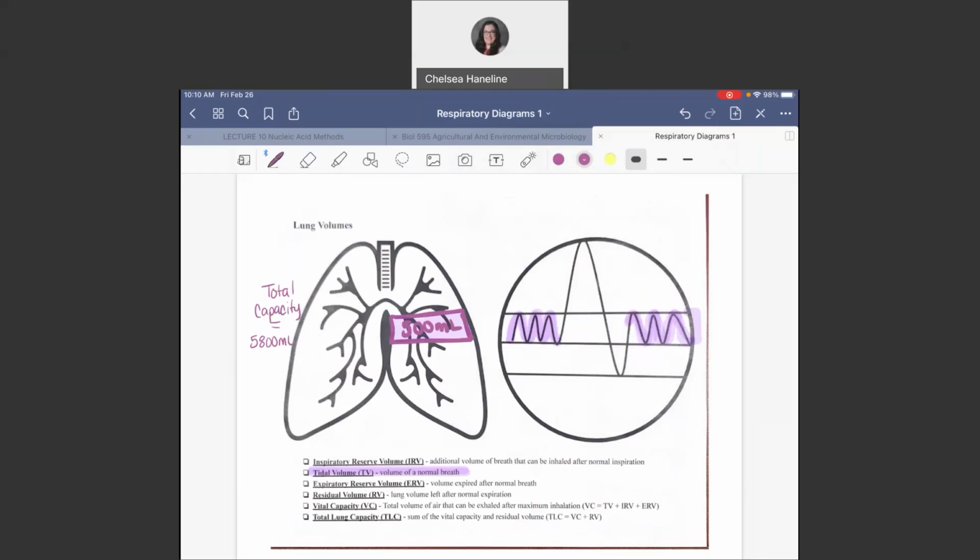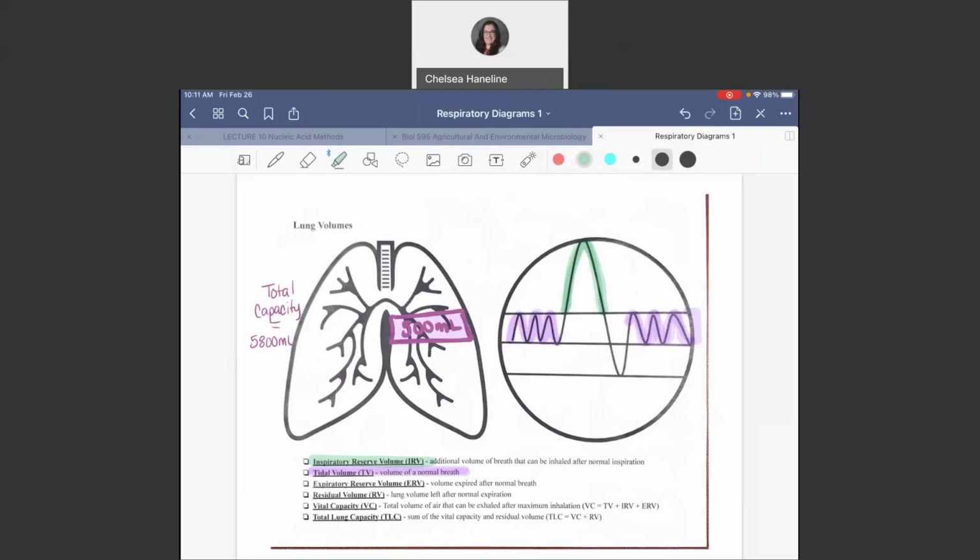From the point in which you have breathed normal to when you can breathe in as much as you possibly can is called our inspiratory reserve volume. So we're going to color that green. This is the additional volume of breath that can be inhaled after normal inspiration. Technically, that is this region right here, this peak.